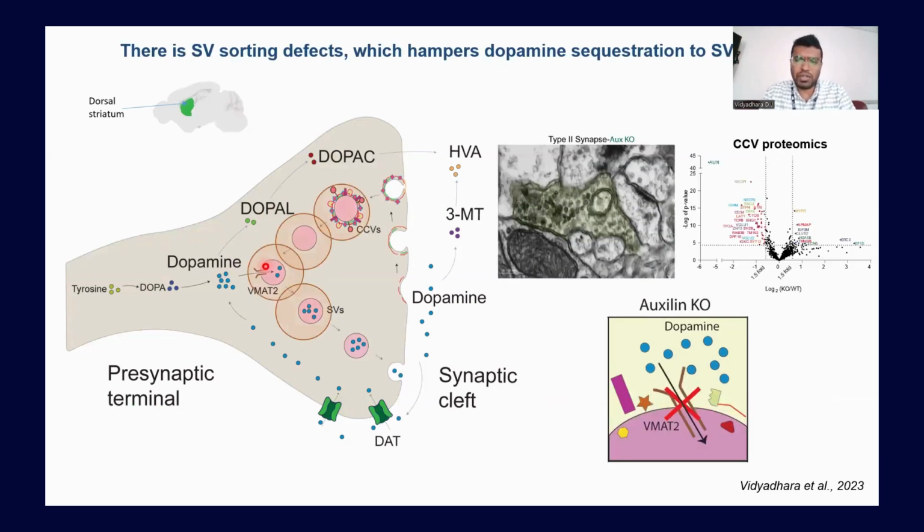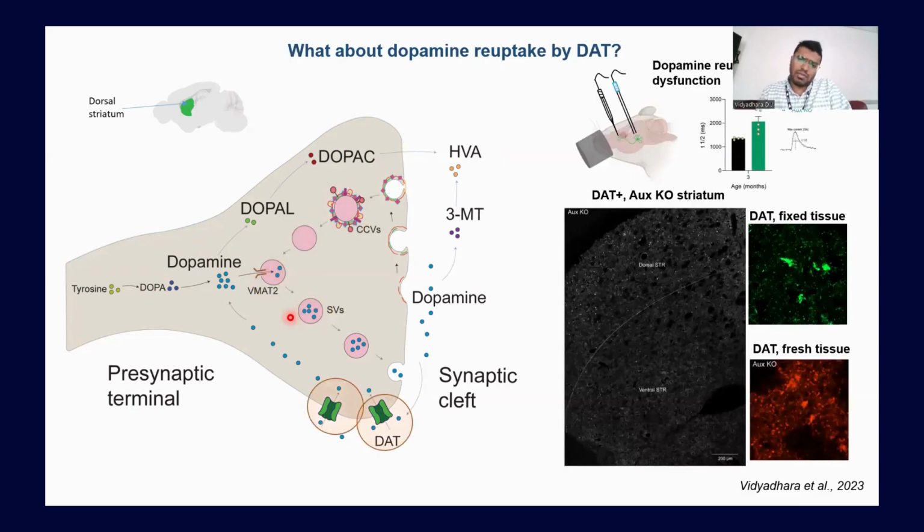We did some experiments to really see why there might be cytoplasmic dopamine, by electron microscopy and some proteomics. We saw that somehow the synaptic vesicle membrane composition is off, which is making these vesicles not hold the dopamine inside properly. But we clearly have to study more on this front. One last thing we wanted to study in terms of dopamine compartmentalization is dopamine reuptake by DAT.